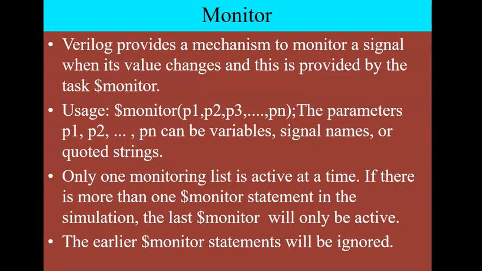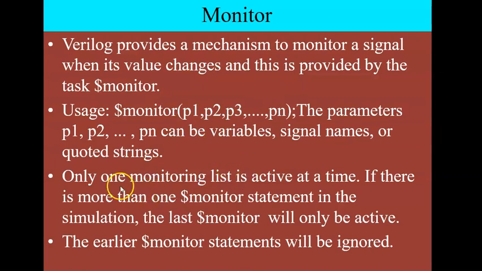Similarly, monitor is another system task. Verilog provides a mechanism to monitor a signal when its value changes. We use $monitor to control all these things. Usage: $monitor P1, P2, P3, Pm. These parameters may be variables, signal names, or quoted strings.